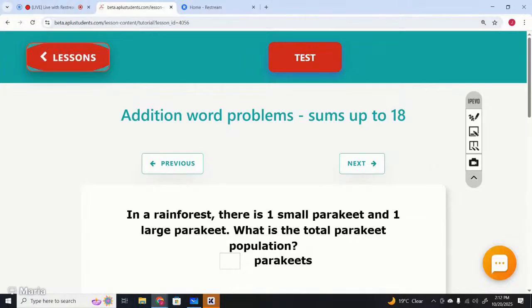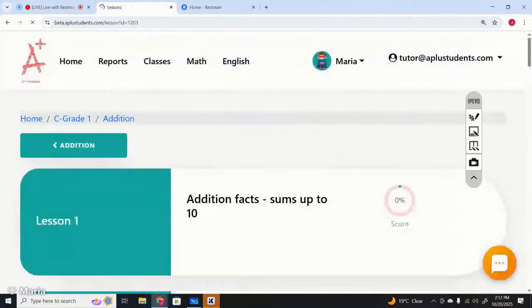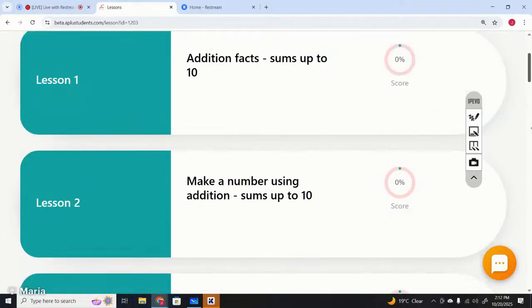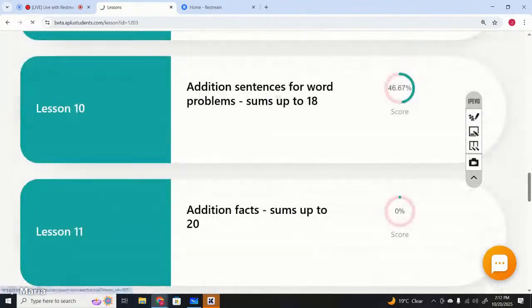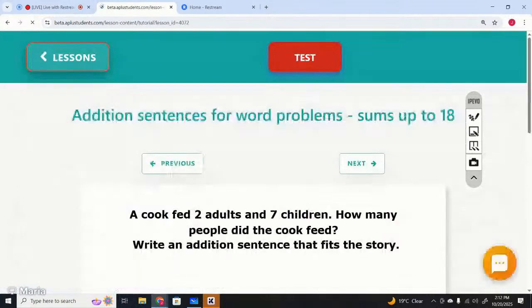The next lesson is addition sentences for word problems, sums up to 18.